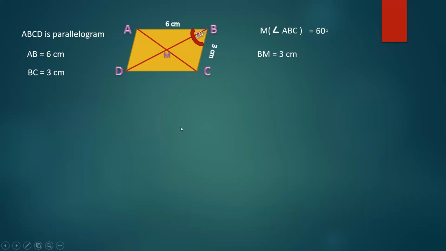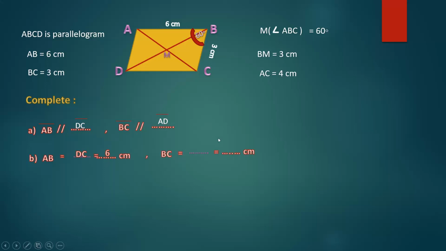BM equals 3 centimeters, and AC equals 4 centimeters. Complete. AB is parallel to, yes, we know that each two opposite sides are parallel, so AB is parallel to DC, and BC is parallel to AD. AB equals DC equals 6 centimeters. BC equals AD equals 3 centimeters.